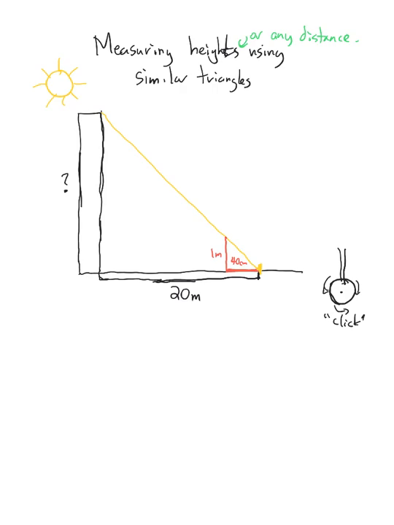Well, we know the following things. We know the sun's going to create the same shadow angle for anything. So those angles are the same. And the other angle we know that's the same, of course, well, each of these objects, the building and the meter stick, are vertical. The ground is, of course, horizontal. So we know these angles are 90-degree angles.